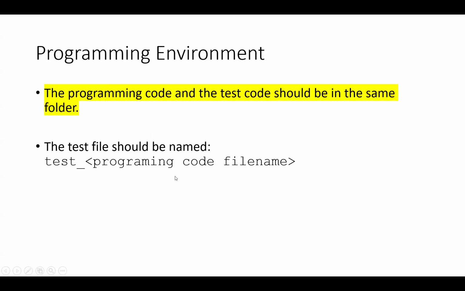Right. So first of all, when you're testing your program, ensure that your test code is in the same folder as the program. That's just to make it simple to execute. Otherwise, you're going to have to put in some paths and directories, which might get a little complex.